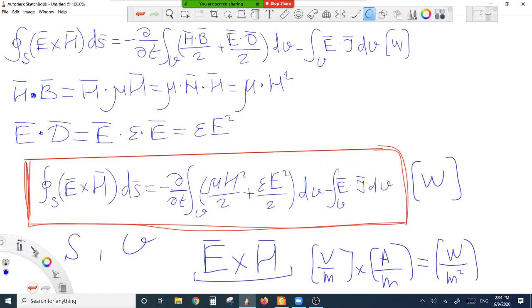And this power density E cross H is called the Poynting vector.